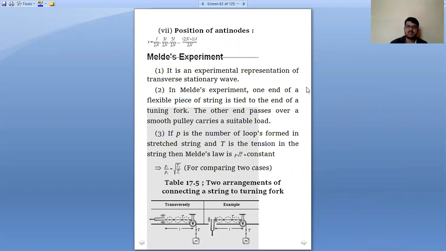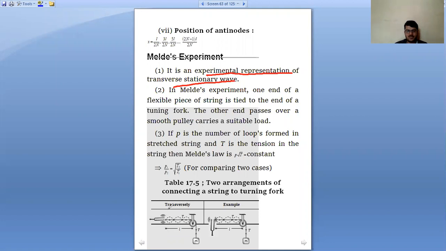In this Melde's experiment, it is an experimental representation of transverse stationary waves. In Melde's experiment, one end of a flexible piece of string, you see here, is tied to the end of a tuning fork.